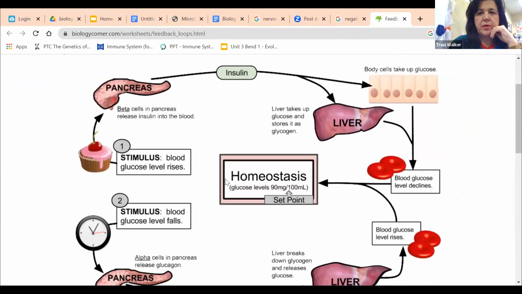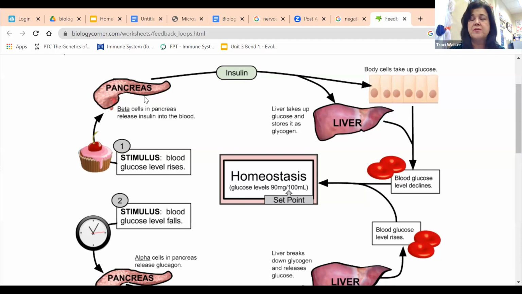Okay, so here you see that homeostasis is your set point, your normal glucose levels, about 90 milligrams to 100 milliliters of blood. That's normal. So if something happens and your blood sugar level goes up, let's just say you eat something really, really sweet, or for diabetics, it can go up even without doing that. But if your blood glucose or blood sugar level goes up, your pancreas is part of the receptor that, well, actually it's an effector.